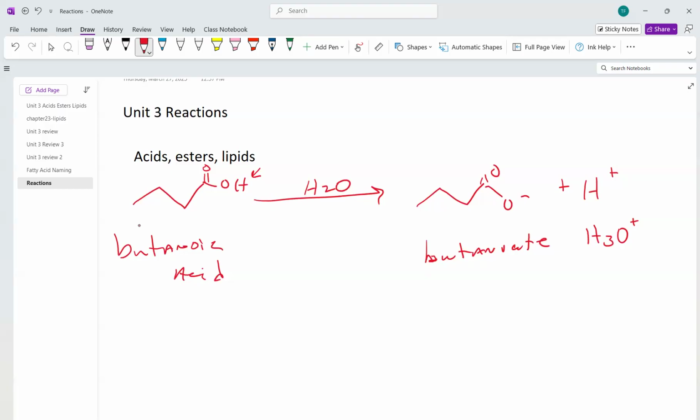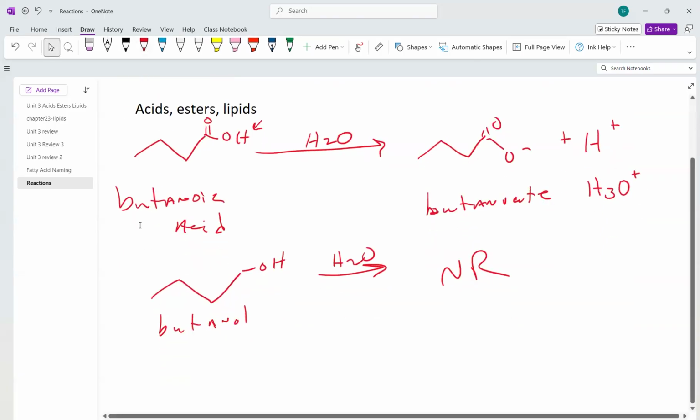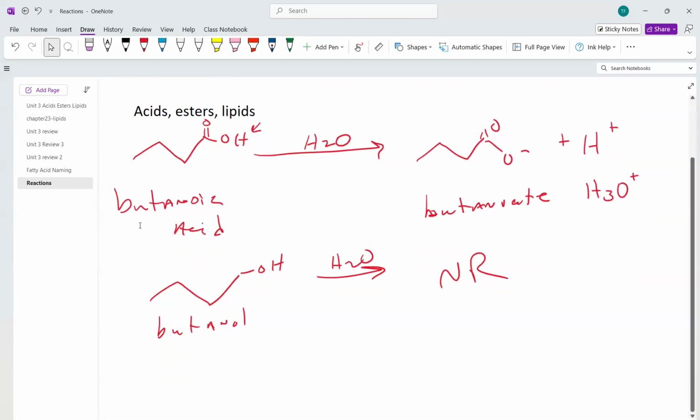Okay, for example, if we put butanol in water, nothing happens because there's no H to come off. That's key. No exceptions. To be an acid, H has to dissociate from the original.